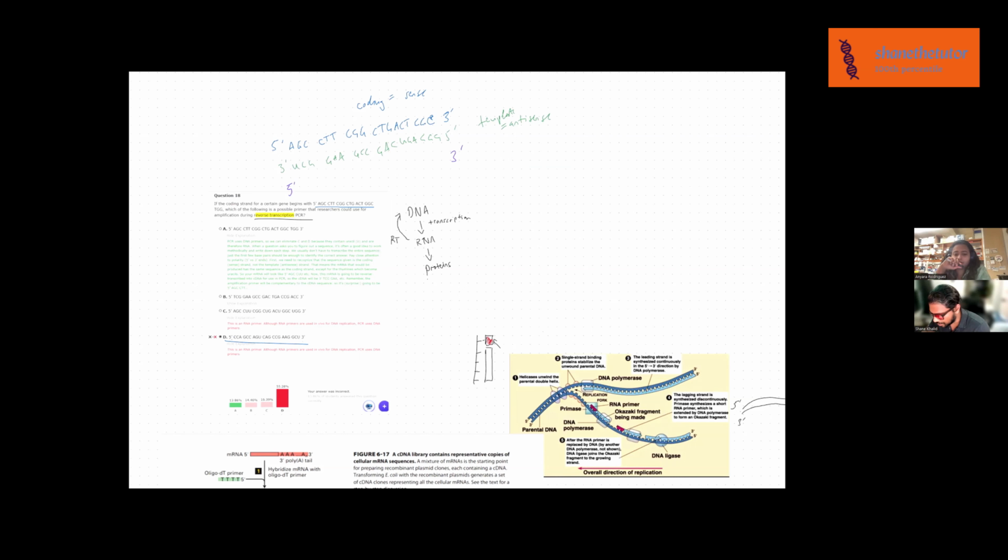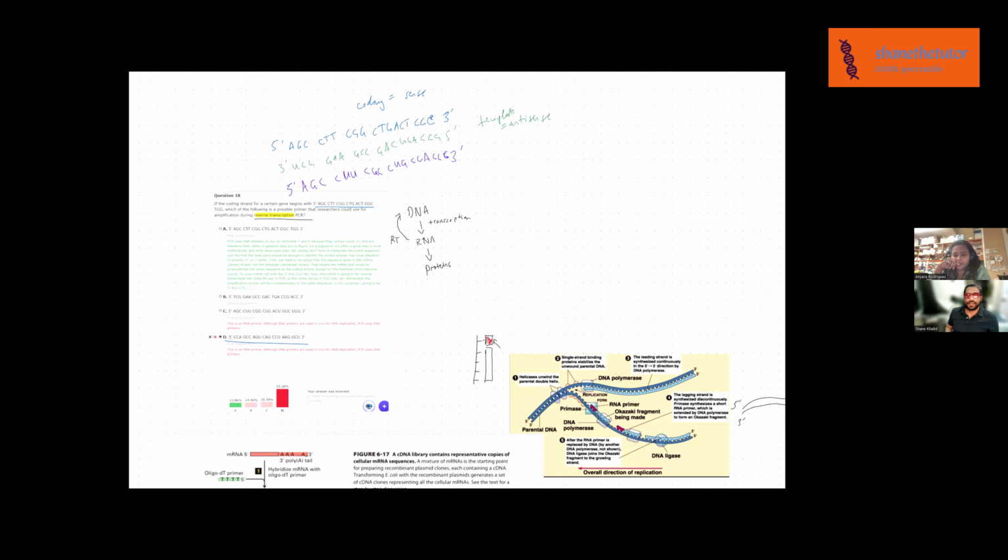So the U turns into A again, the C turns into a G again, the G turns into a C again, C U U C G G C U G C C A G G C, right?